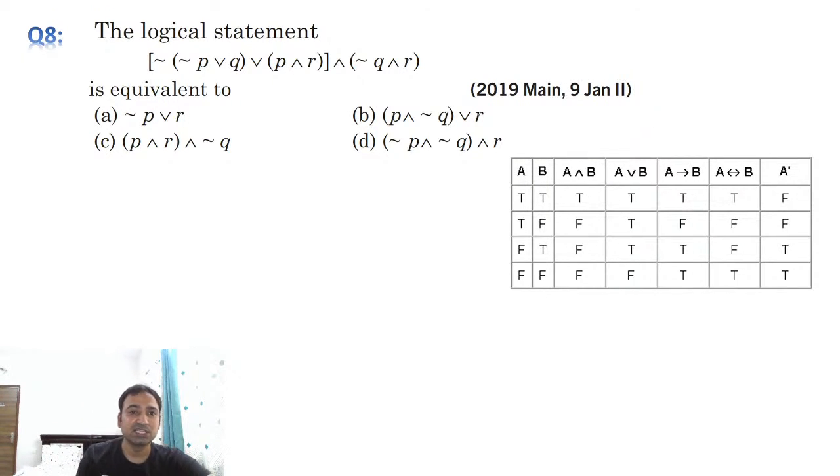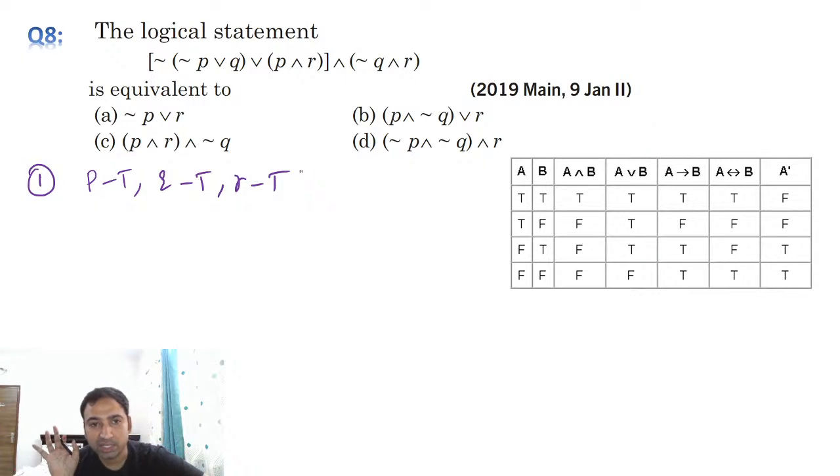Okay, right. Chalo, let's take one simple substitution, guys. What substitution we can take is, we'll take P true, Q true, R true. We'll just take this one and check whether we're getting it or not. Okay. So I'll calculate the left hand side first.